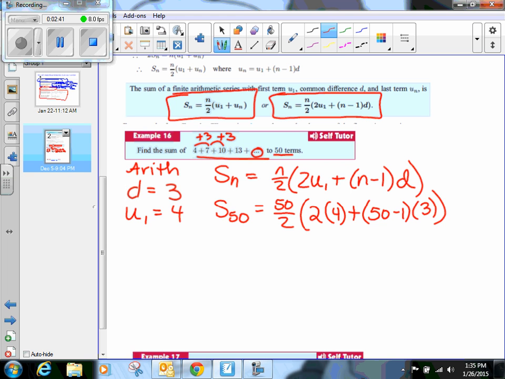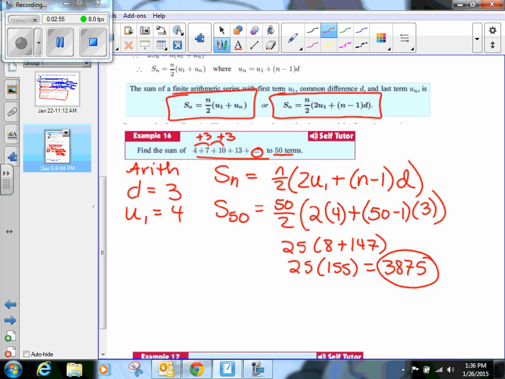When I simplify all this, I get 25 times 8 plus 147, and then 25 times 155, and I get 3,875. So that was using the first term with the common difference.